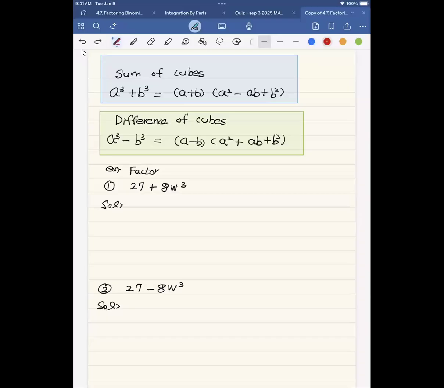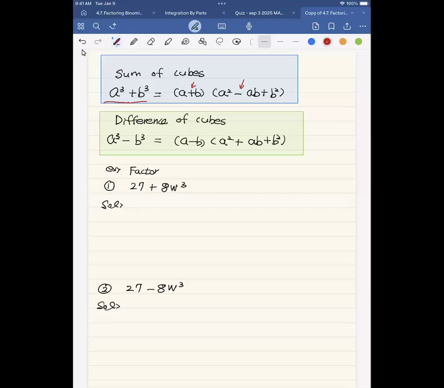You have to notice that there are some subtle confusing points here. If that is a cubed plus b cubed, then it starts with a plus b, but then it goes a squared, it should be minus ab plus b squared.